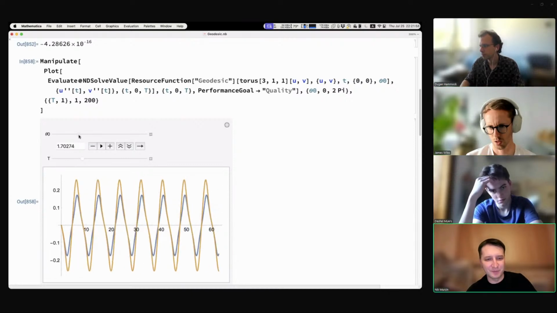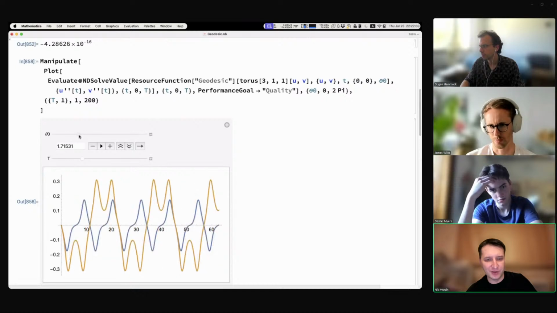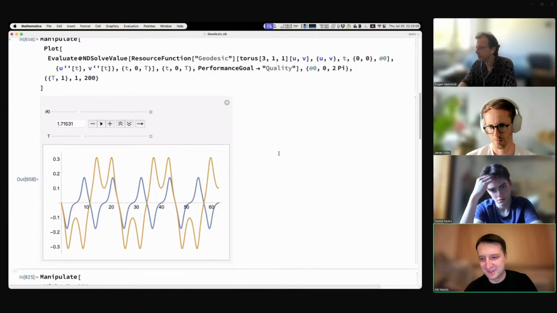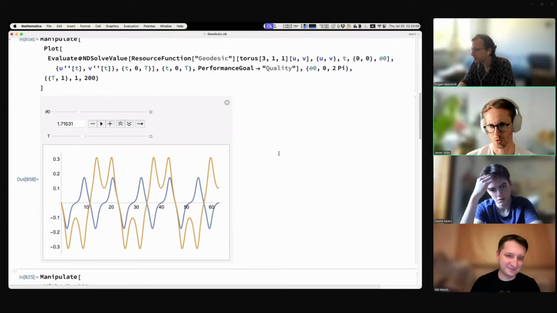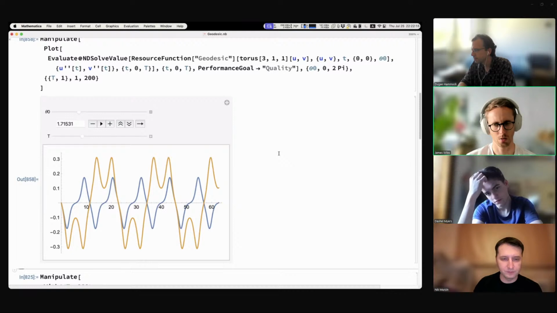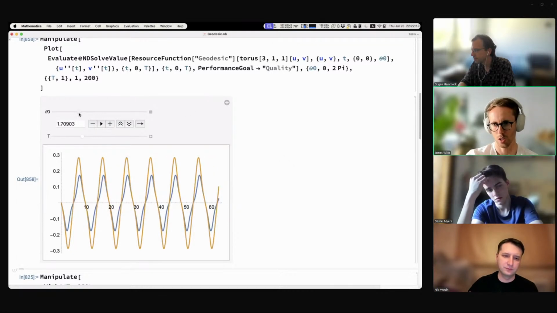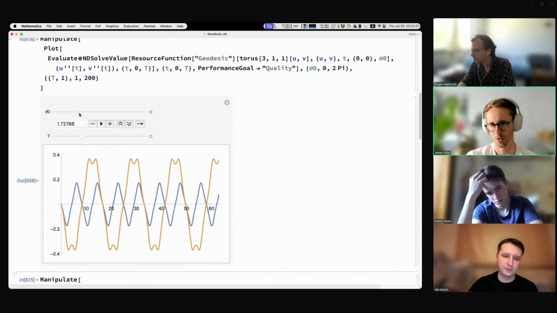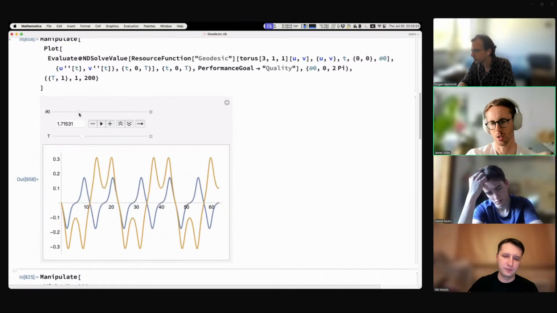The periodic behavior completely changes character. The blue becomes faster than the orange. Faster, that's the right term. It has a higher period, more periods. Because look, there's 3 and there's 1, 2. So now the blue is faster.